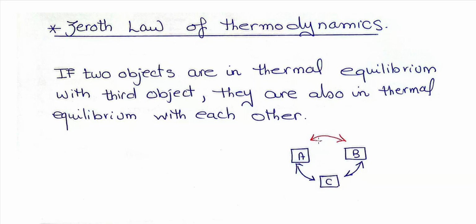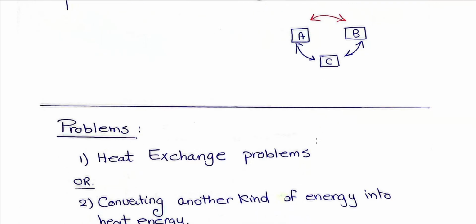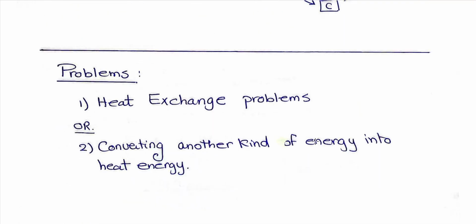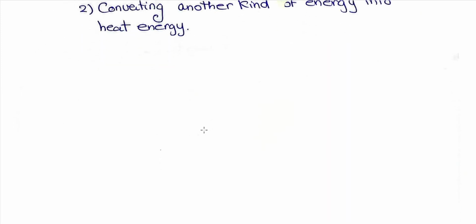Now we want to solve some examples on heat energy problems. We have two kinds of problems: either heat exchange, hot body and cold body exchanging heat, or converting from one kind of energy to the other. Let's begin with example number one.